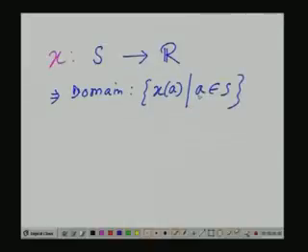A is a particular experimental outcome, and I am considering all experimental outcomes belonging to S. For each outcome, x of A is the function which picks up the particular outcome and gives you a value from R. So, x just picks up those outcomes and maps a particular outcome to a particular value. This x of A is ideally called a random variable. So, actually it is a function.